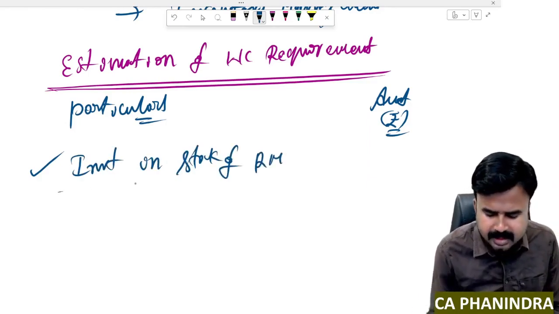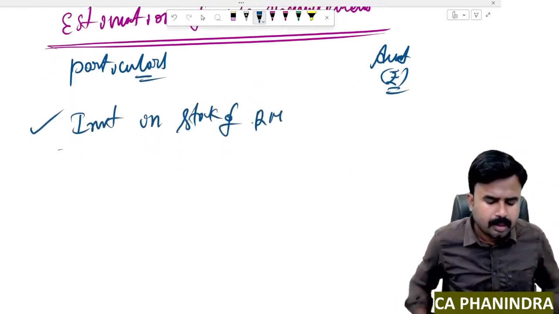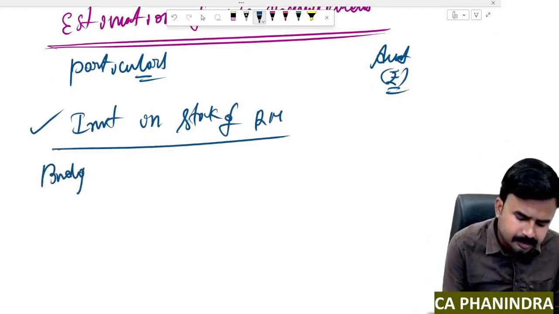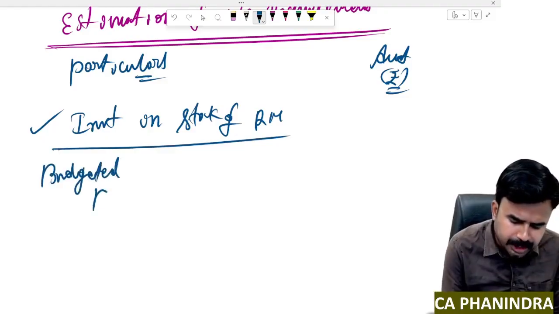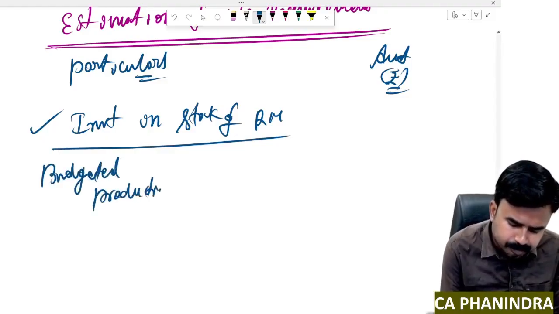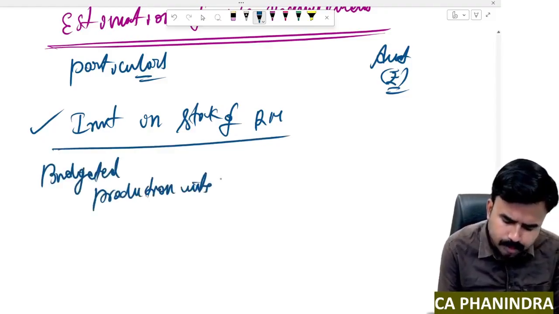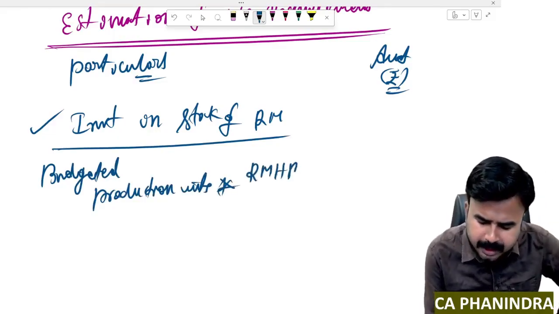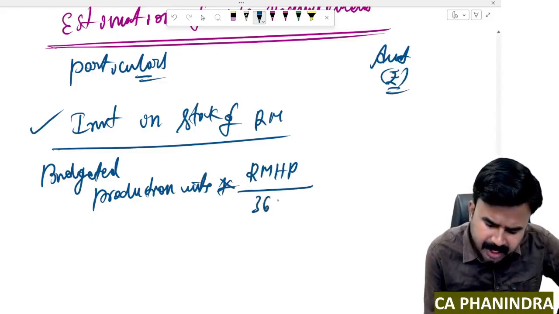How to calculate this? Simple. Write the budgeted production units into raw material holding period divided by 360 days.